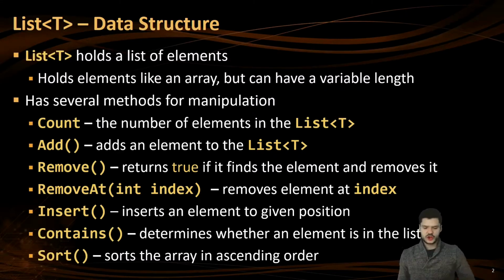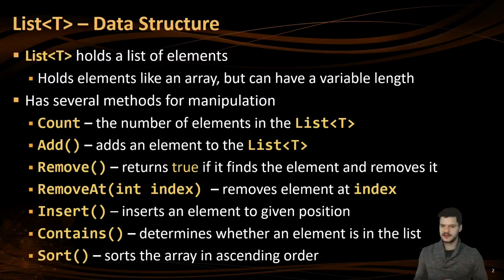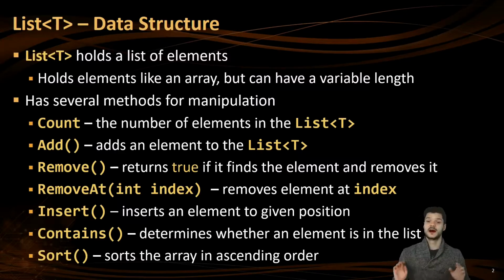Contains is actually a really nice built-in method that checks if the list contains a particular value. It's actually the same as what we were doing in the array. It goes like a for cycle and checks if we have the containing value.